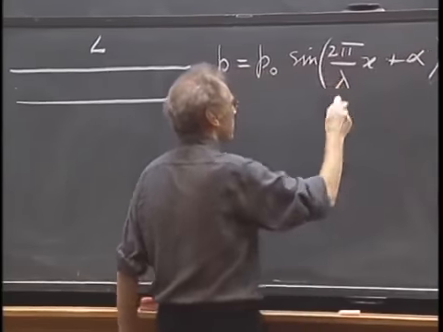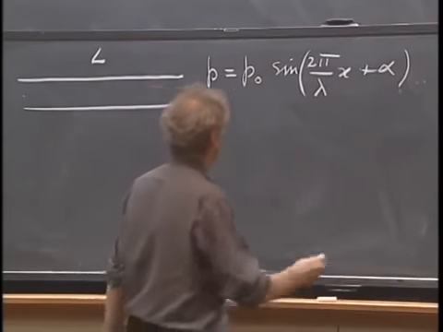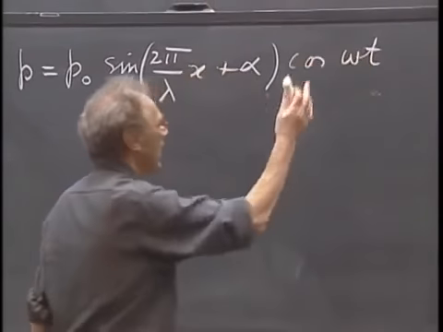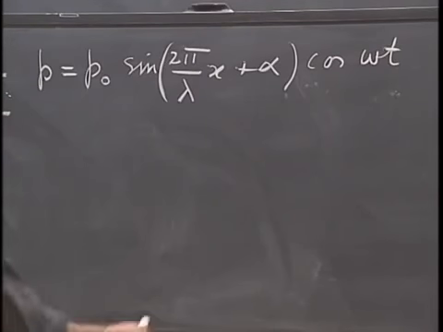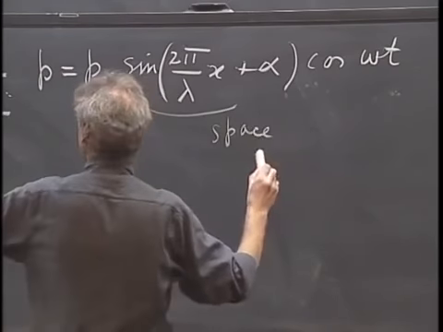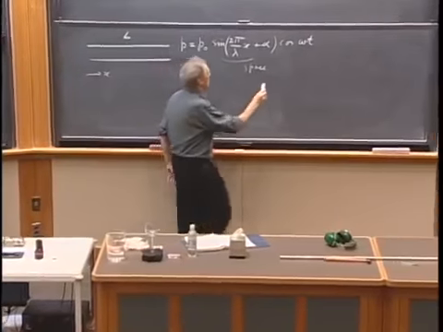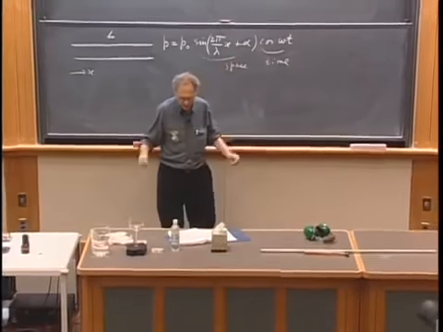I will introduce some phase angle alpha, for which I will find the solution very shortly, and then cosine omega t, or sine omega t if you prefer that. This is a standing wave in very general terms. Everything here is space, x, and here all the information deals with time, which is typical for a standing wave.